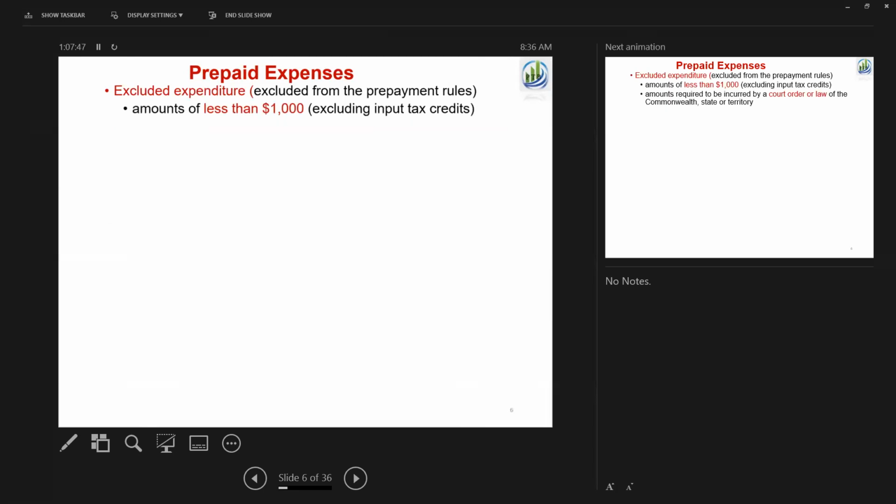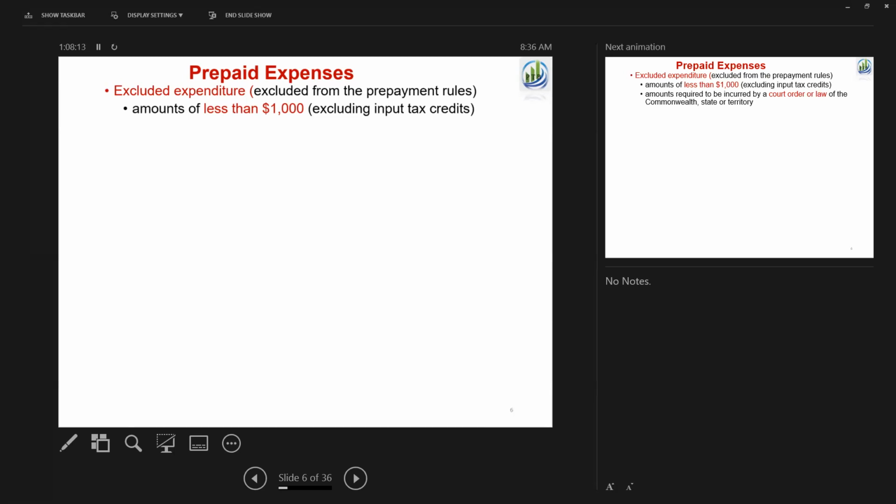So number one, excluded expenditure. If you paid less than $1,000, or including GST $1,100, you do not need to worry about anything. The total amount can be deductible. For example, if you paid some insurance of $800, even for a future period, the total amount can be deductible.